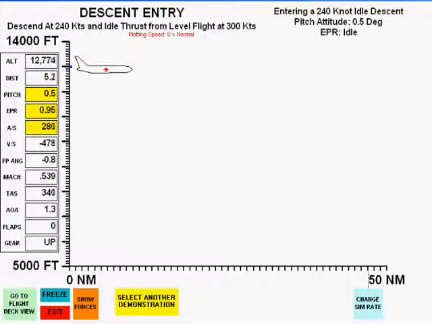The plotting speed is now increased. Note the gradual change in airspeed and vertical speed toward their target values of 240 knots and 1,000 feet per minute.